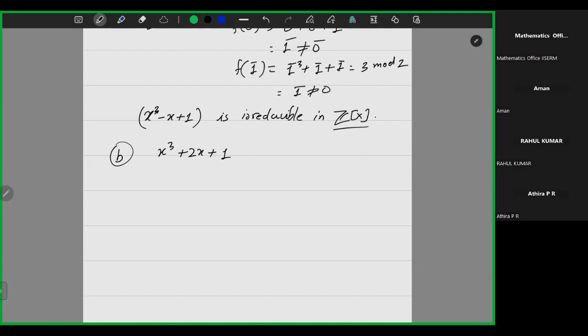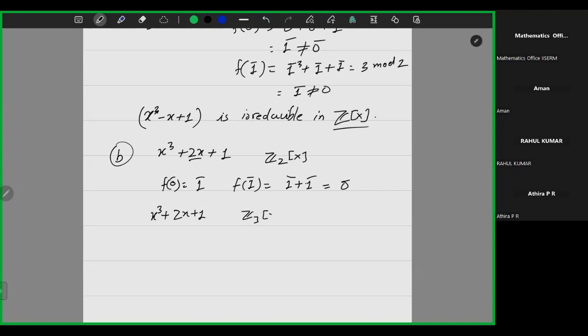Okay. What about the next polynomial, which is, let's say, b: x cube plus 2x plus 1. If you check in Z2, does it have a 0 or not? At 0, you are getting 1 bar, right? At 1 bar, you are getting 1 plus 2, which is anyway 0, so it doesn't matter. 1 bar, 1 bar, so it's 0 bar. So it has a root. We should take some other place. x cube plus 2x plus 1 inside Z3[x].